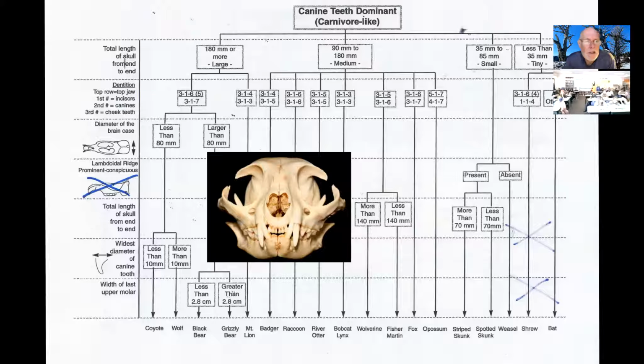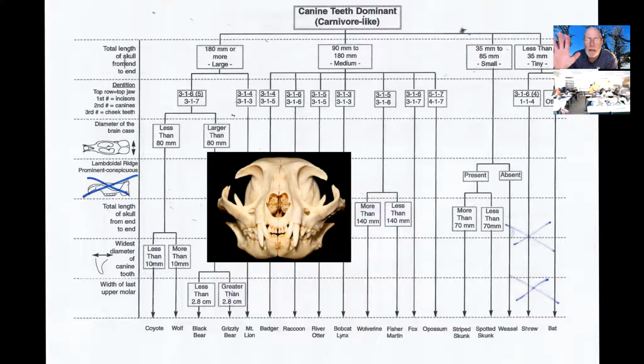We have dentition. It says the top row of the top jaw. So we're looking at only the top jaw of the skull. It says the first teeth, we're going to count how many incisors there are. It's kind of hard for me to show, but the first left-hand column under there says 3-1-6 with a parentheses around 5. Do you all see that?